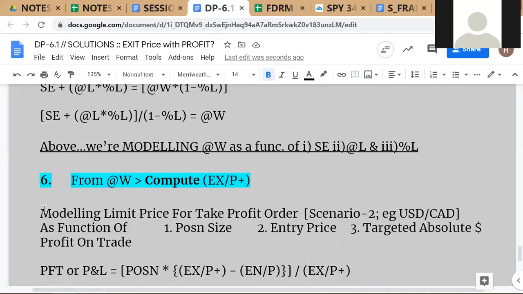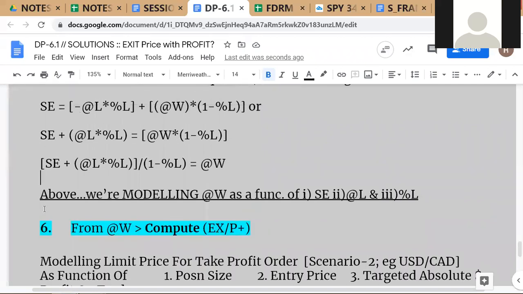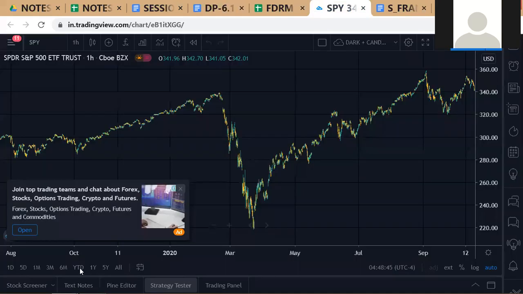Now last part, our job is not yet done, because remember, what is the purpose of all these exercises? The purpose is to calculate the exit price. Let's never lose sight of the decision problem that you're trying to solve.